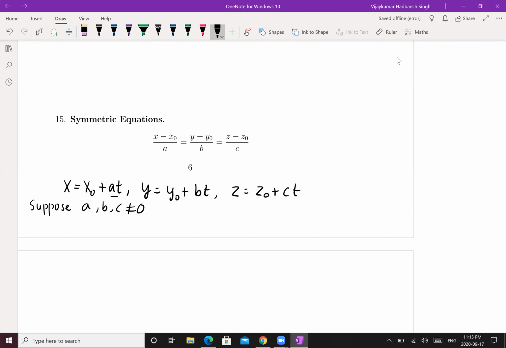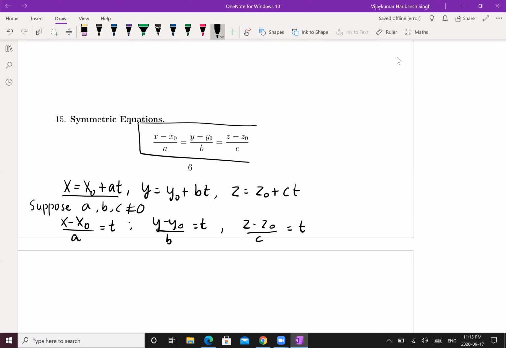In that case, if we try to eliminate t, we get x minus x0 by a equals t, then y minus y0 divided by b equals t, and z minus z0 divided by c equals t. If you equate all these t together, you get what is called the symmetric equation of the line.